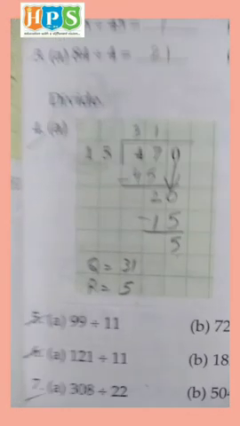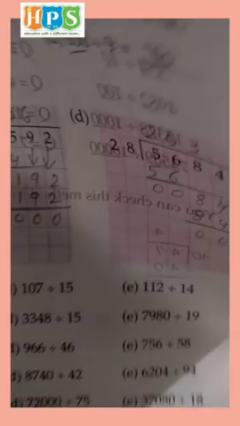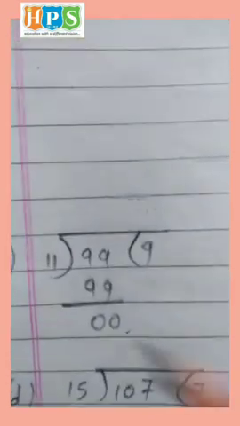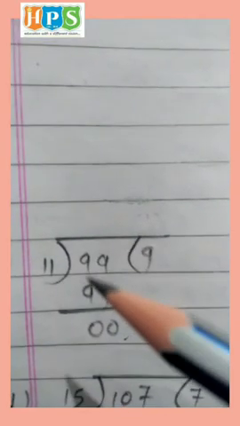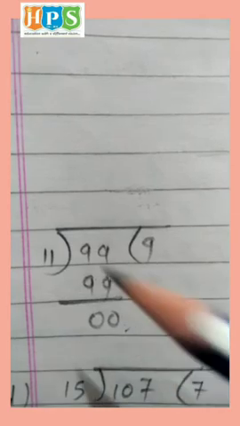Okay. Question number 1, 2, 3 and 4. Question number 5A. 99 divide 11. We need the table of 11. 11 9 is 99. 9 minus 9, 0 and 9 minus 9, 0.